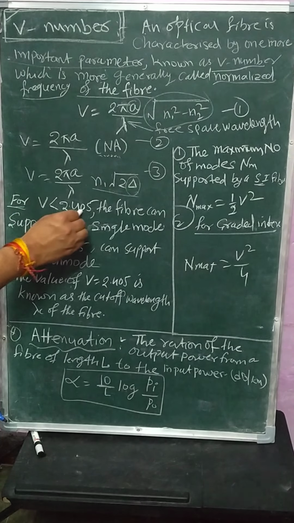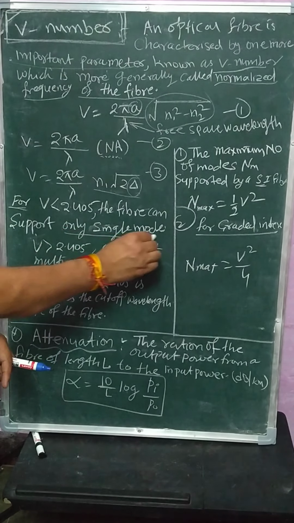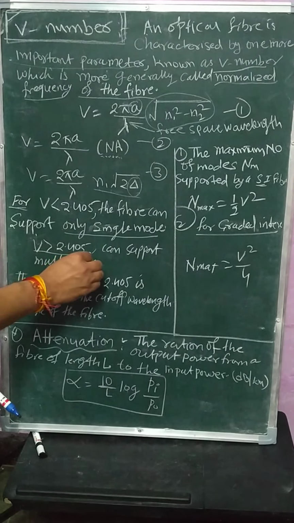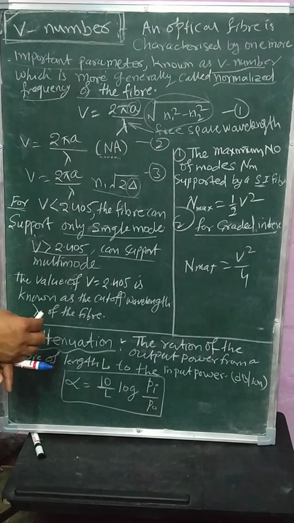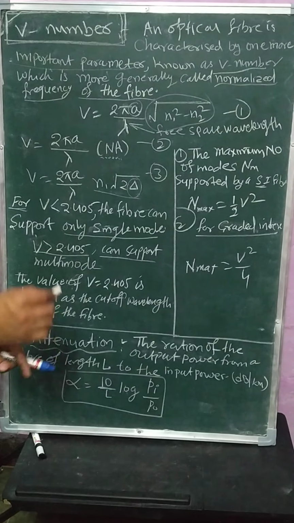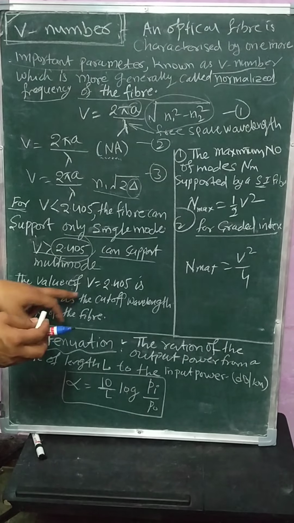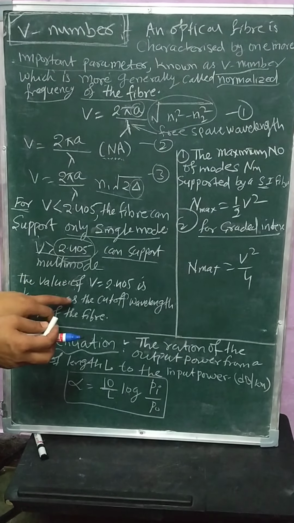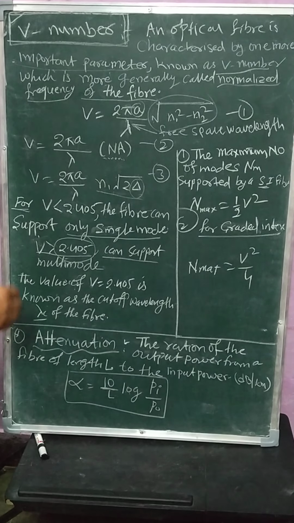For V less than 2.405, the fiber can support only single mode. And V greater than 2.405, the fiber can support multi-mode. The quantity 2.405 is most important. The value V equal to 2.405 is known as the cutoff wavelength lambda c of the fiber.